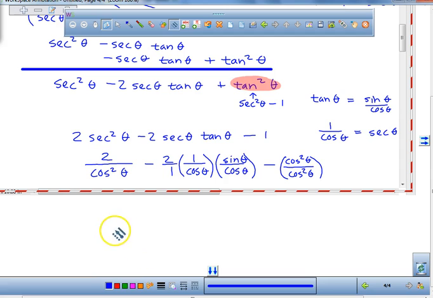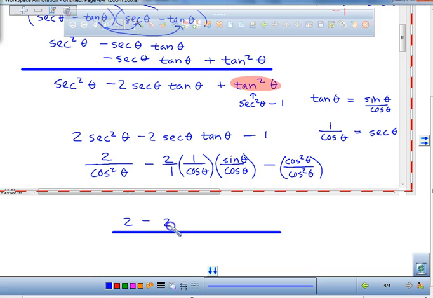All right, so right now we're going to look at everything that's in the numerator. We have a 2 minus, we have a 2 times a 1 times the sine of theta, so that becomes -2 sine of theta. Now, don't forget, we have a minus a what? No, we're just leaving it.